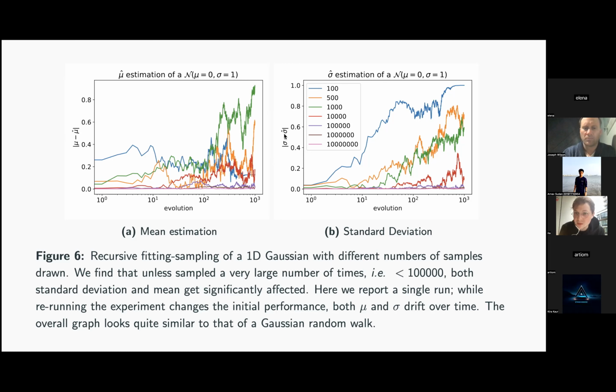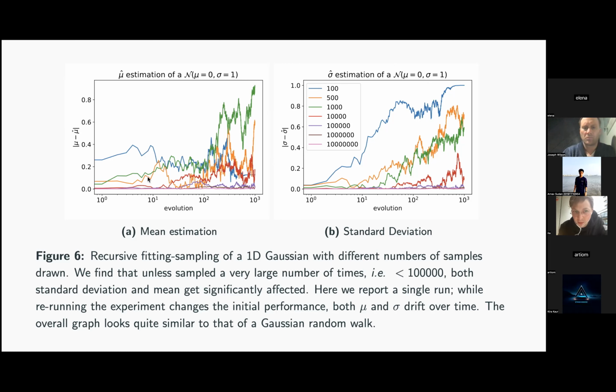What that means is that even in simple cases where we know that all of the error is actually coming from the number of points, unless you sample the Gaussian quite a lot, you are going to be observing the drift. Sometimes this drift happens quite quickly.